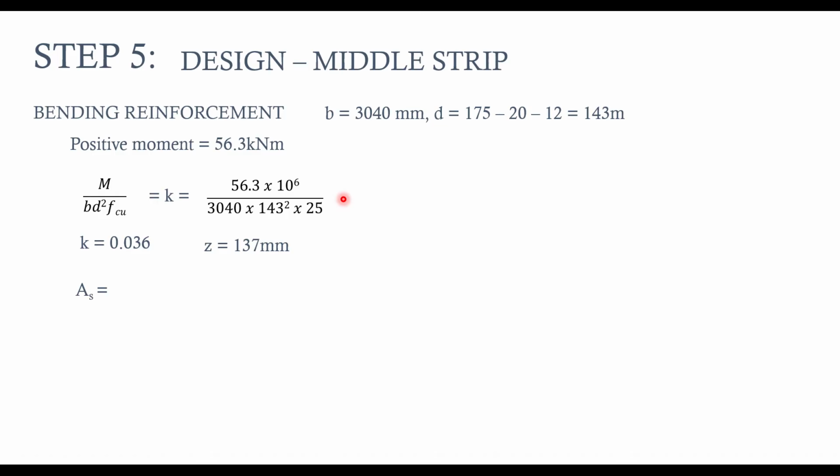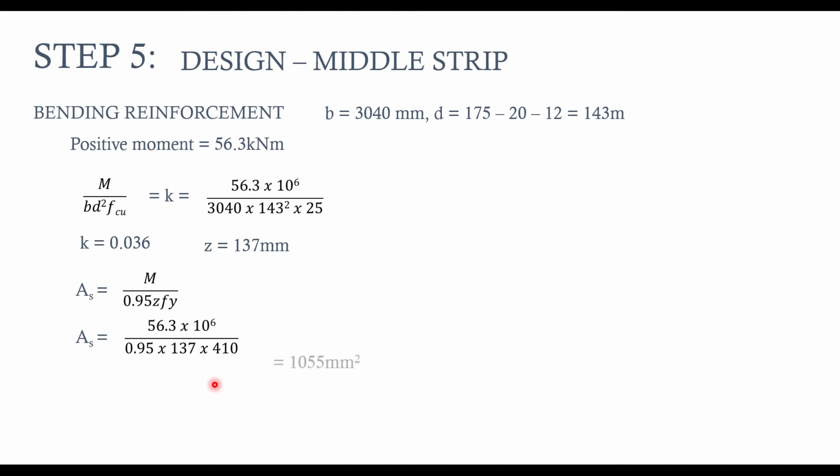Once you get your z, you can now calculate your area of reinforcement using this formula, M over 0.95 z fy. fy in this case is the strength of your reinforcement. We are going to be assuming a high yield steel, which is what is common in practice, which has a strength of 410. So substituting all of that, the moment is 56.3, your z is 137, your fy is 410.